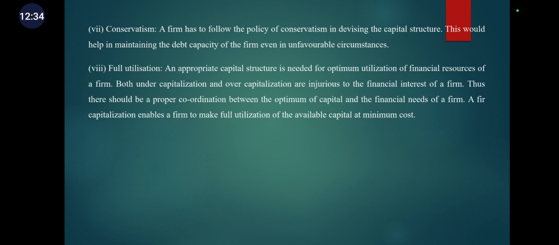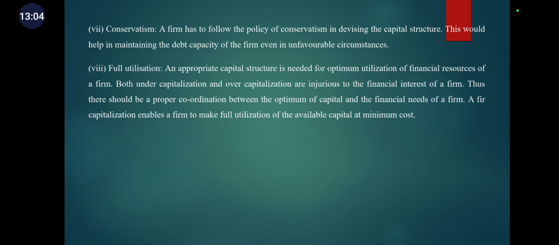So only the company's financial manager has to fix the optimum capital structure, that is, how much debt I need to get from outside. That proportion has to be fixed by doing a lot of research and surveys. They have to fix the right mix of equity and debt. Both underutilization and overutilization of capital will lead to danger.